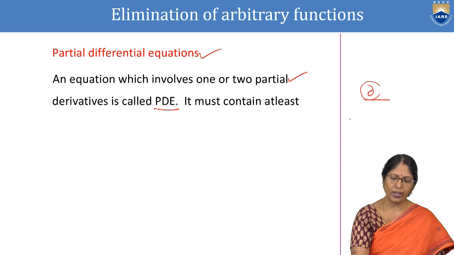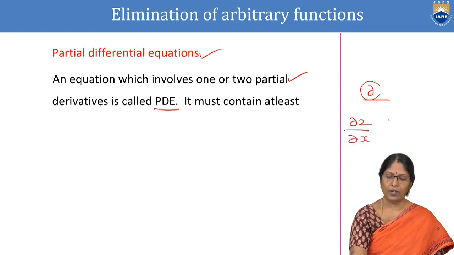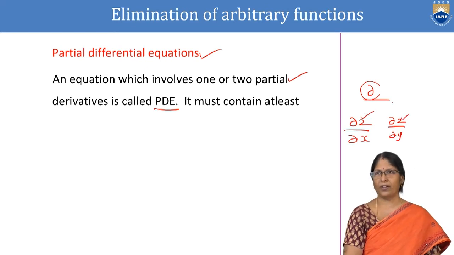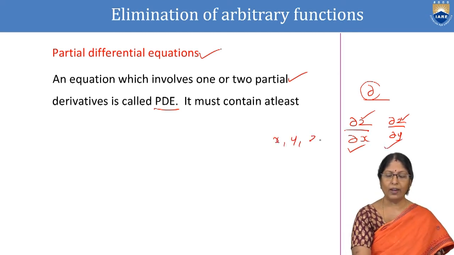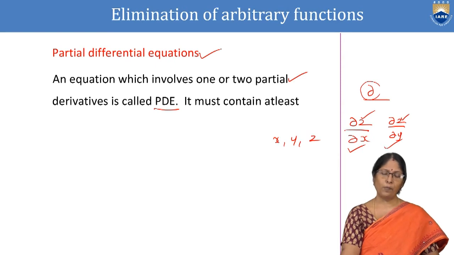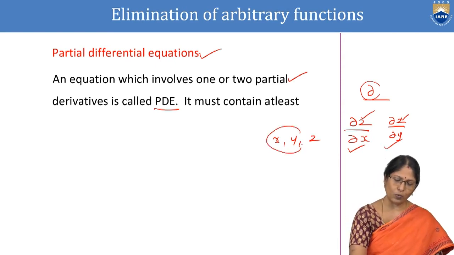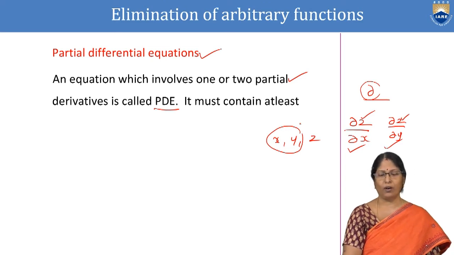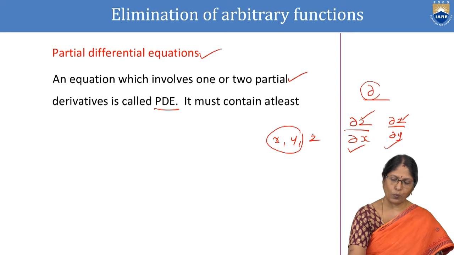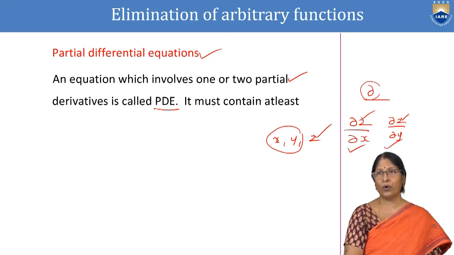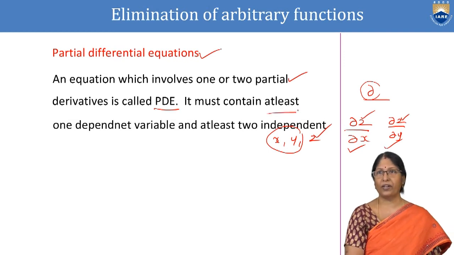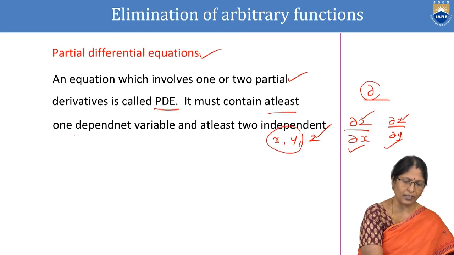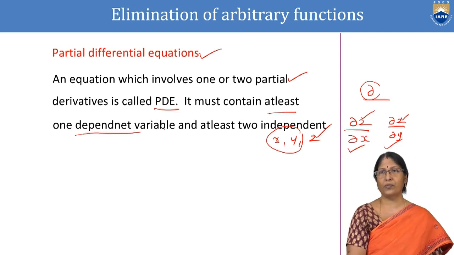Now, ∂z/∂x, ∂z/∂y. Three variables are there. What are they? x, y and z. Among these three variables, x and y play the role of independent variables, whereas z plays the role of the dependent variable. So compulsorily our partial differential equation should have at least one dependent variable.